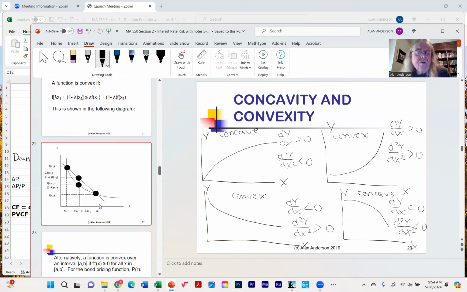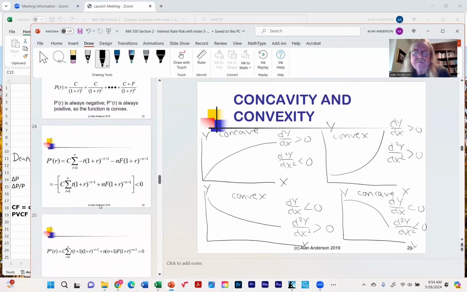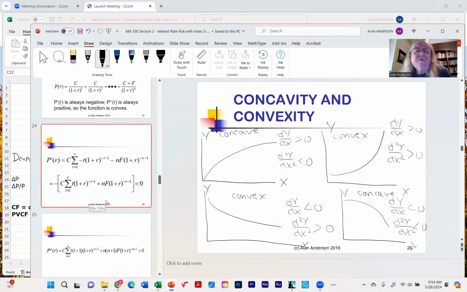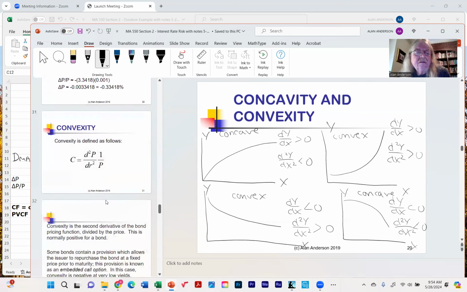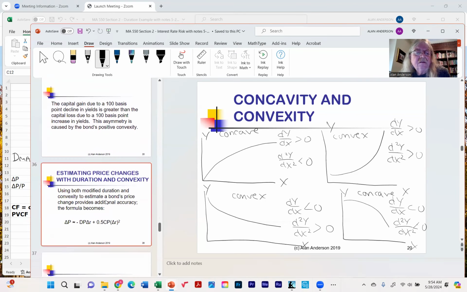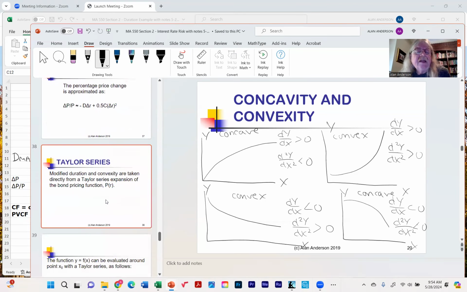Now, what I have here is a very formal discussion about convexity. And by the way, what's interesting here is that we're going to get some more calculus in a bit, because it turns out that what we're actually doing here with modified duration and convexity is using our old friend from calculus, the Taylor series.